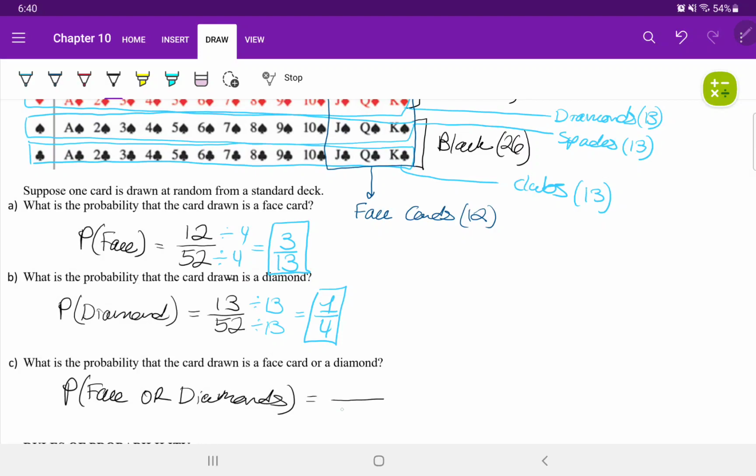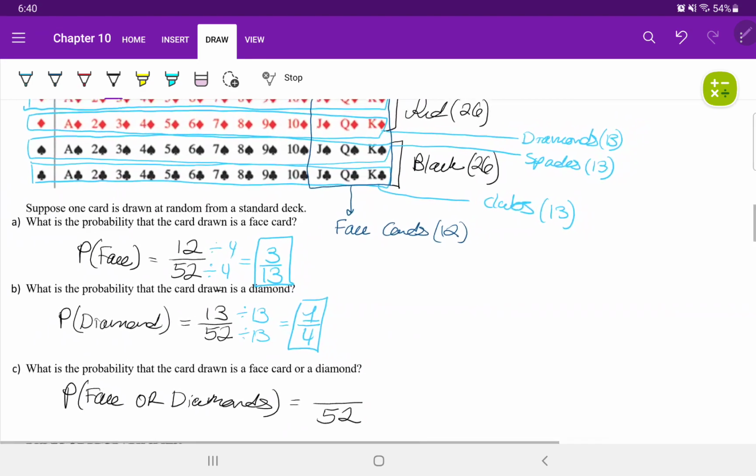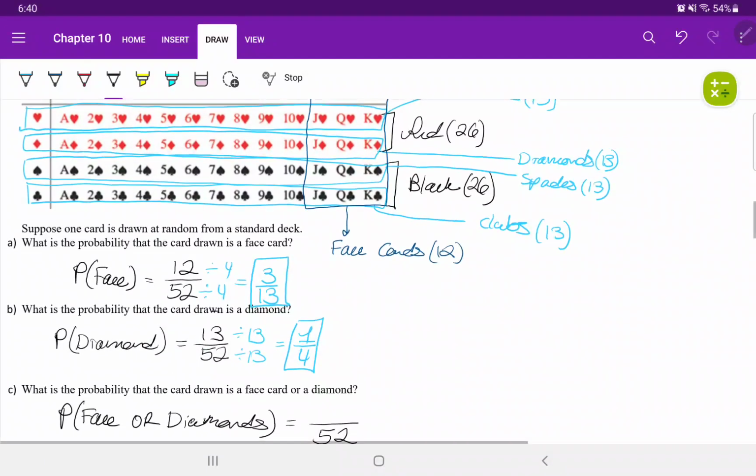However, do not make that mistake. Do not add 12 face cards and 13 diamonds and get the answer of 25 and put that as 25 over 52. Because if you do that, you're going to have an issue because you'll be counting a certain number of cards twice. Now, it can be either a face card or a diamond.